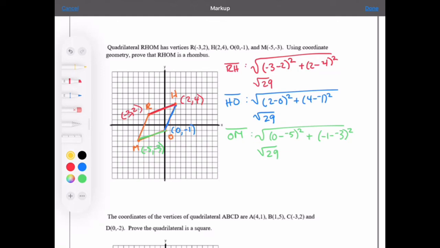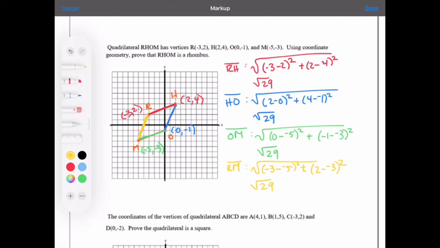Finally, let's look at RM here in yellow. So RM will give us the square root of (-3 minus -5) squared plus (2 minus -3) squared. And we get the square root of 29. And that's it.